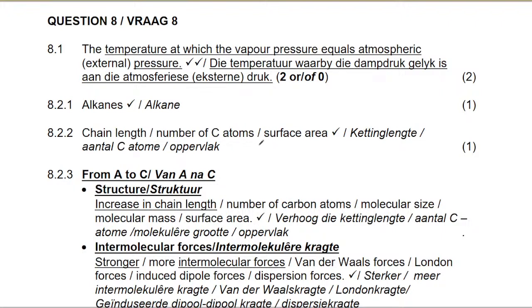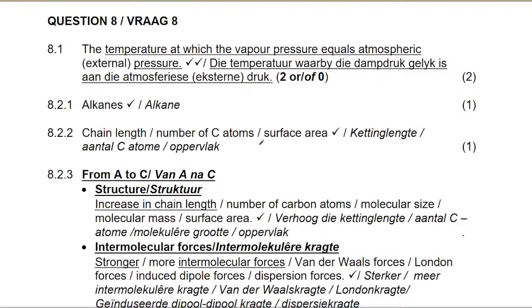Question 8.2, in one investigation, the boiling points of A, B, and C are compared. So when we focus only on A, B, and C, we are concentrating on compounds that fall under the same homologous series.